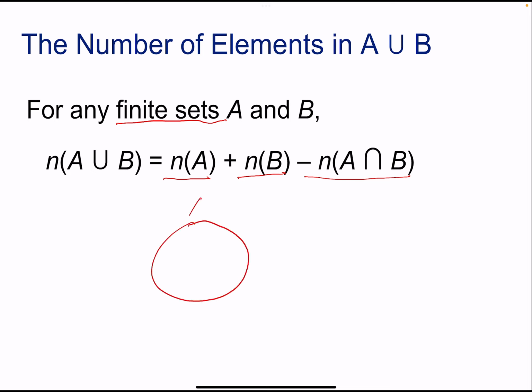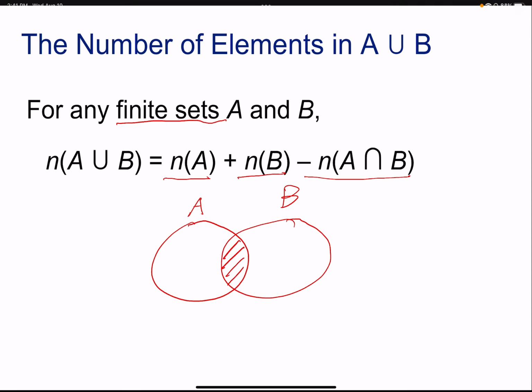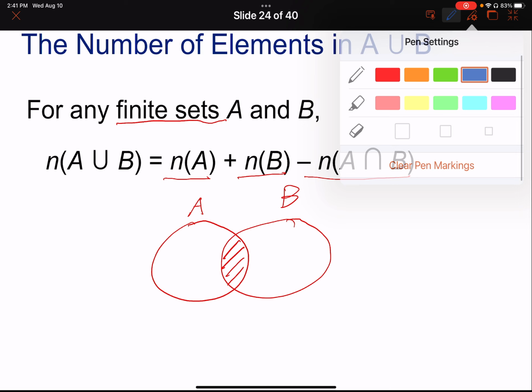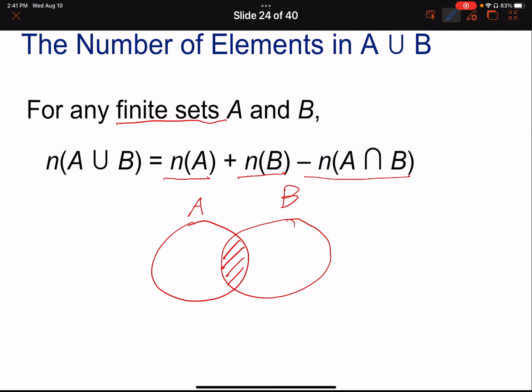Let's say this is set A and this is set B. Notice that when you add the number of elements of A, you include this part. When you add the number of all elements in B, you would include the intersection again.